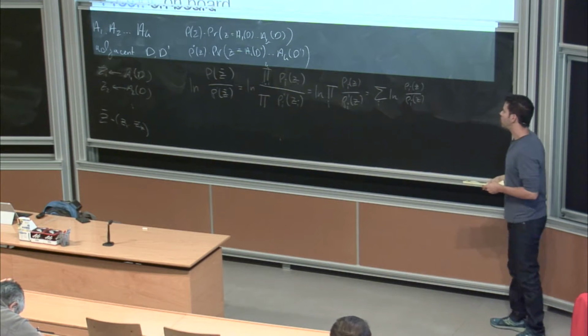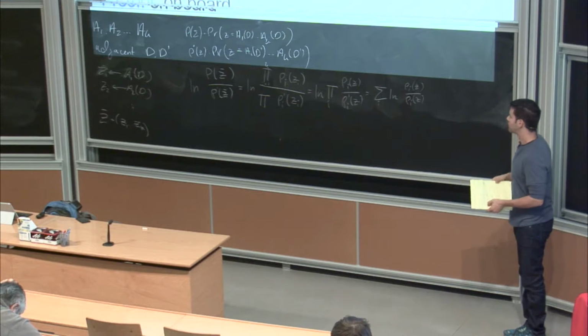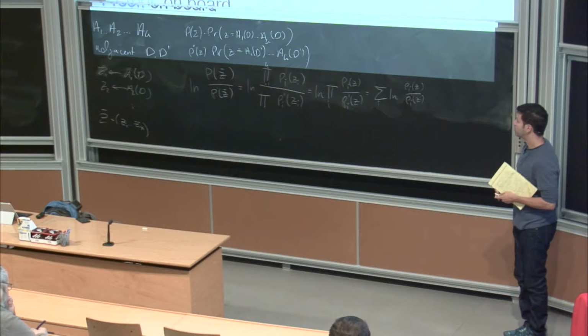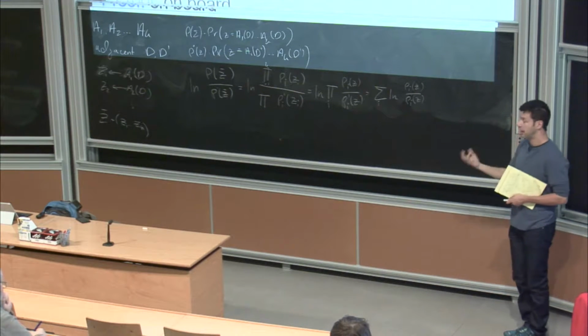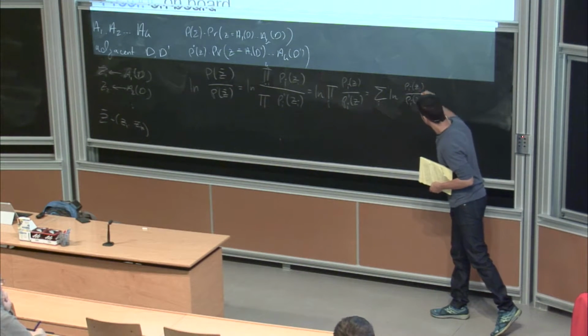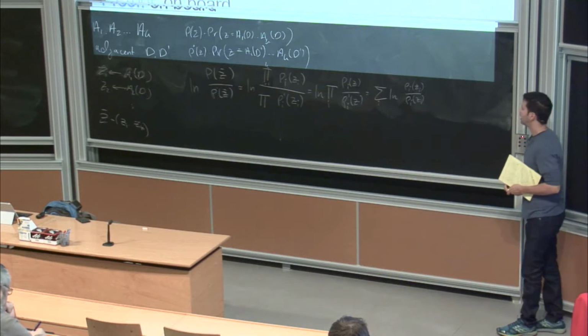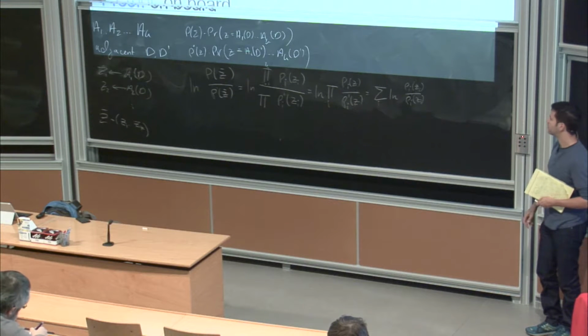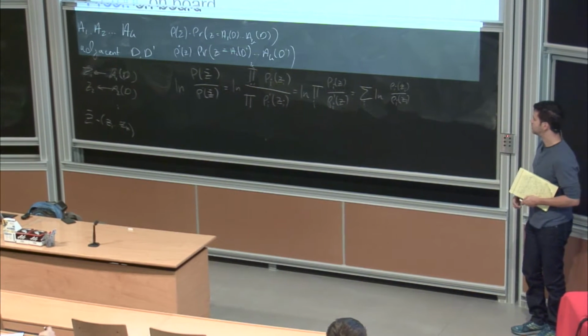Let's look at what's happening here. We're basically running these k algorithms one by one. Every time we run the ith algorithm, we get an outcome zi, and we're looking at the log ratio of that outcome's probabilities when we run the algorithm on data set D or D prime.